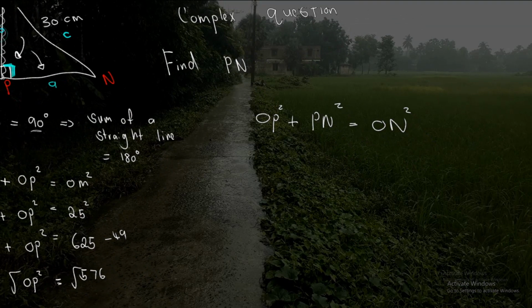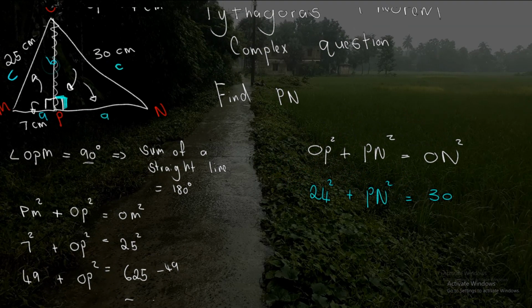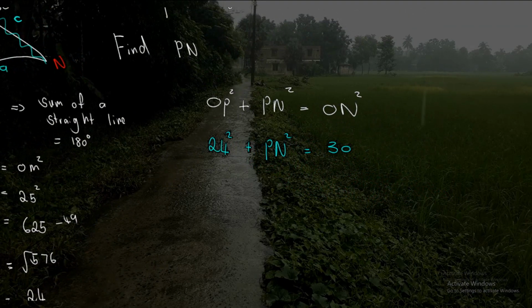So we found that OP is 24, squared, plus PN, which is the one I'm looking for, equals ON. Where do I find ON? Look, ON is my hypotenuse, so it's going to be squared. 24 times 24 is 576 plus PN squared is equal to 30 times 30, that's 900.